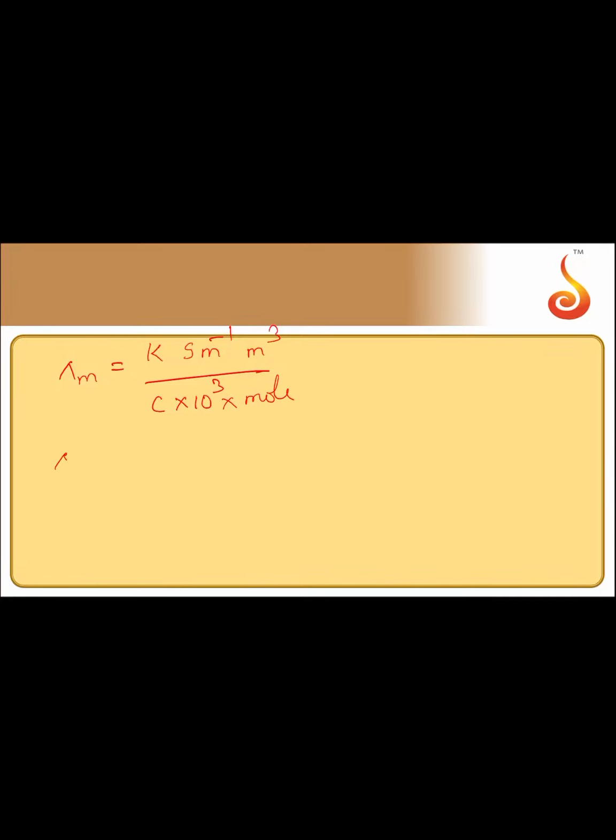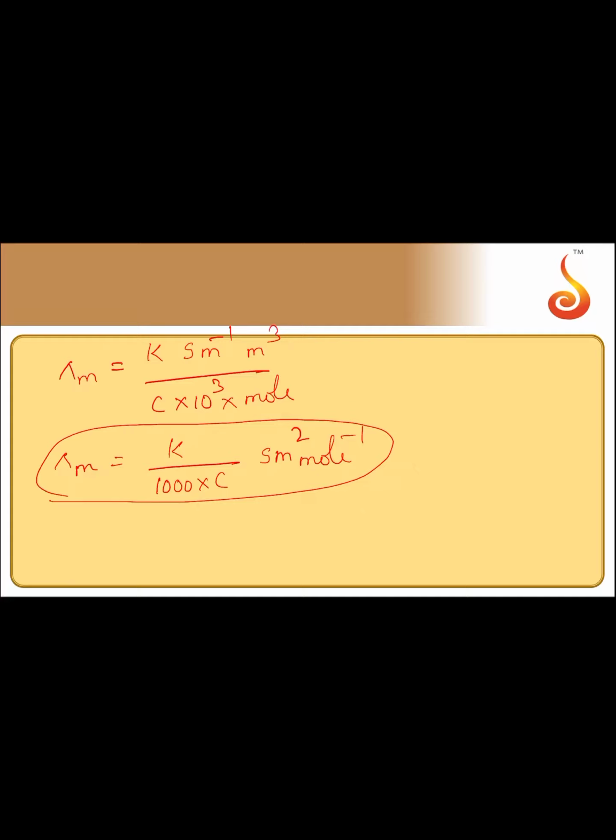So here lambda m is equal to K by 10 power 3, we can consider 1000 into C. The unit is here Siemens meter cube meter minus 1, so meter square and mole inverse. So when K is in Siemens meter inverse, then we have to take the formula lambda m is equal to K by 1000 into C to calculate the molar conductance.